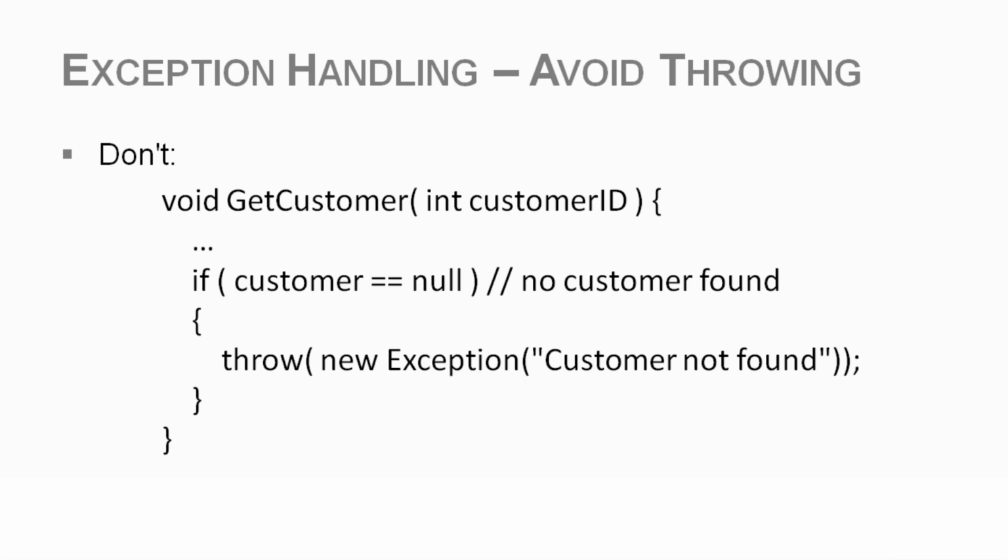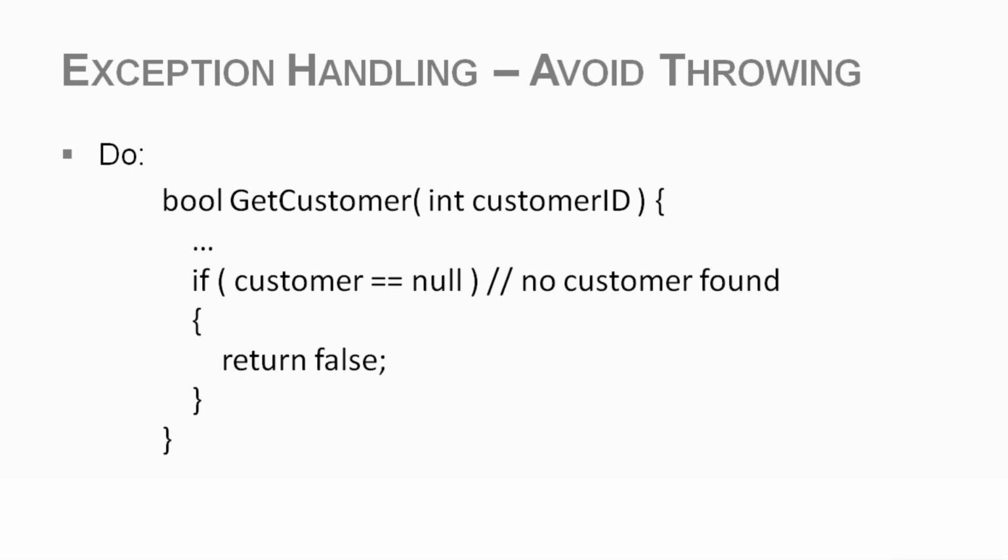And we're going to throw a new exception that says our customer is not found, and therefore our calling client has to handle the exception. We don't know why there's not a customer ID or an invalid customer ID. We're just going to throw it back out to the client and let them figure it out, and perhaps tell the user, oh, you entered in a bad ID or username. But we really don't want to throw an exception because, again, we have a performance issue here.